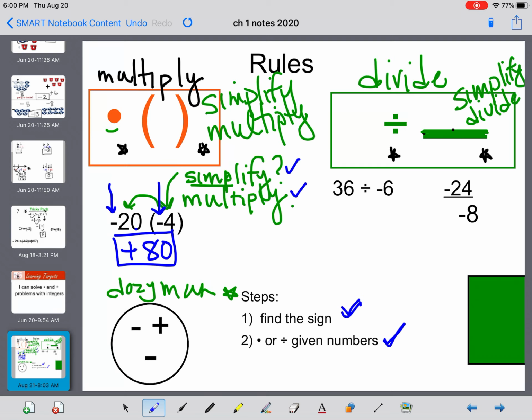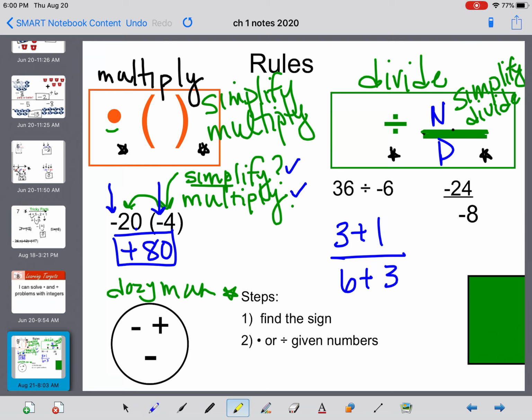Okay, if I have division, I'm going to follow exactly the same steps. I'm going to look and see if I need to simplify anything, and that means my numerator or denominator. So when will I ever have to simplify a numerator or a denominator? If you see a problem, like on your homework assignment, that has something like this, then you need to simplify.